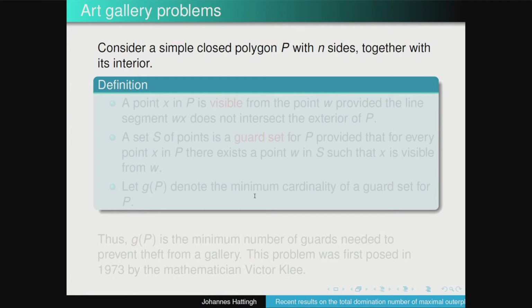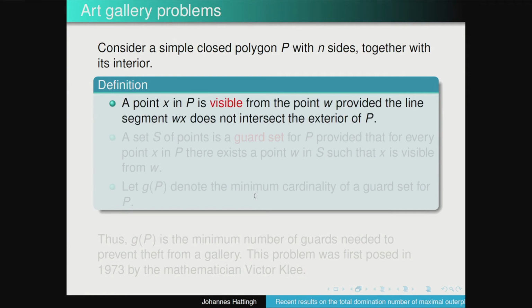So just consider a simple closed polygon with n sides together with its interior. So here you'll have a polygon consisting of 4 vertices. And then we say a point X in P is visible from a point W, provided that the segment WX does not intersect the exterior of this polygon.